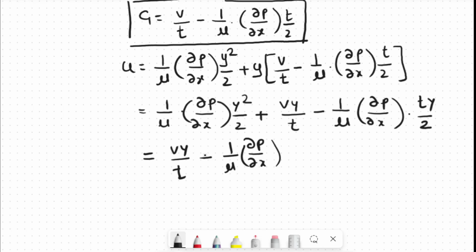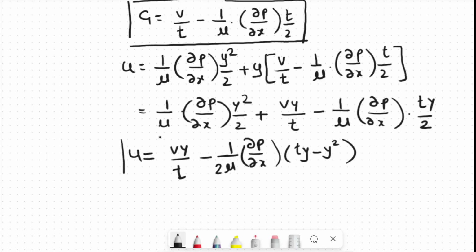So I should have this value in bracket: ty minus y square, and this 2 is remaining. I should multiply it here. So this is the relation for u.